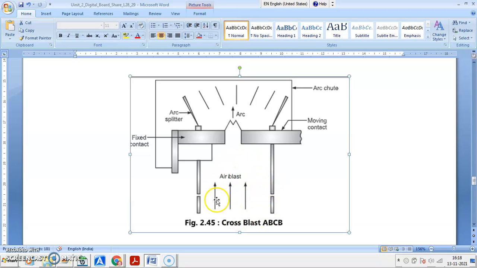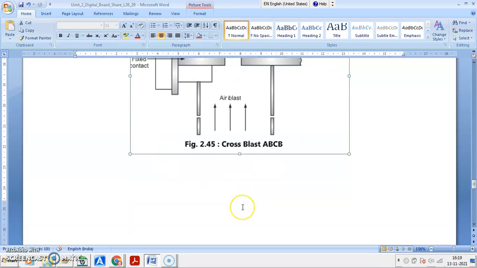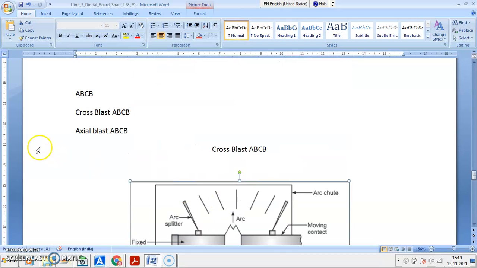You need to install a complete air compressor system to provide the blast effect of air. Then these breakers are very sensitive to rate of rise of recovery voltage, RRRV. These are disadvantages. Operation and maintenance are high because of the high pressure, so you need a very skilled person for operating this.